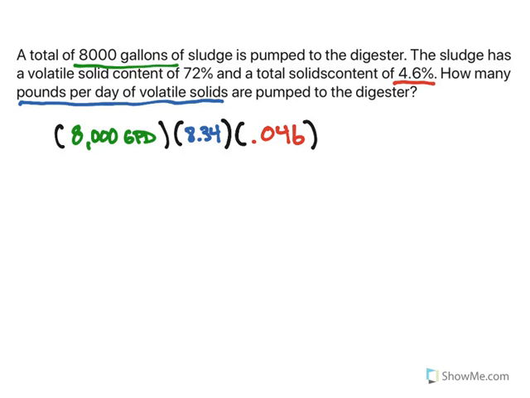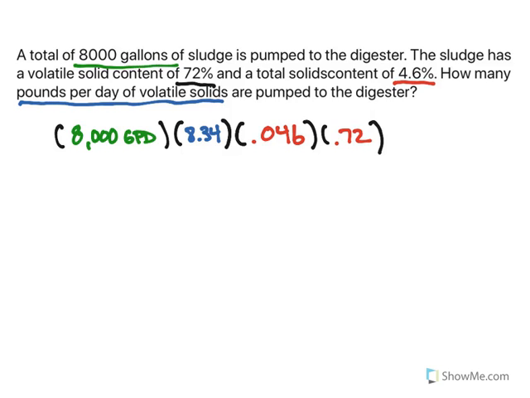And out of those pounds of solids in the sludge, only 72% of those pounds are volatile. So we need to multiply by 0.72 as well. So I guess understand where all these numbers came from.